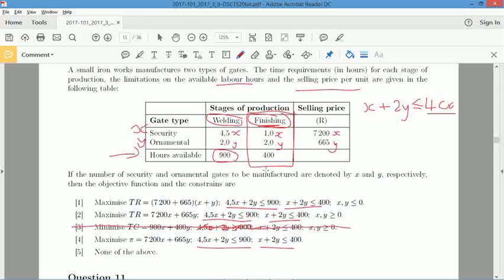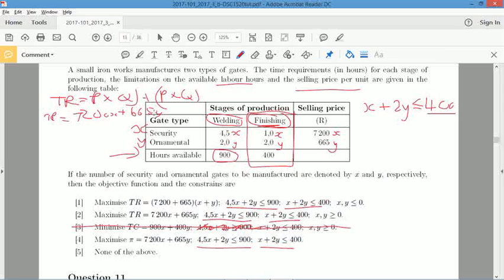And then we're going to be looking at the selling price, which is 7,200. They want to know what the objective function is. So maximize total revenue. Let's work out what total revenue would be. TR, total revenue, would be price times quantity for the one good plus price times quantity for the other good. So if I'm selling security gates, total revenue would be 7200x plus 665y.